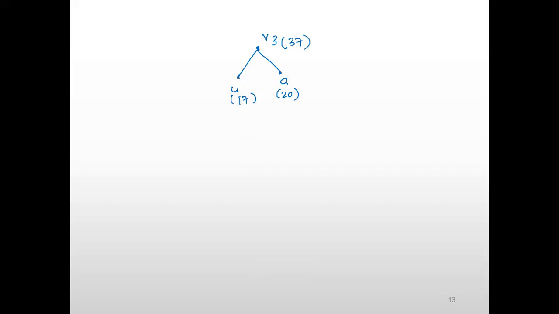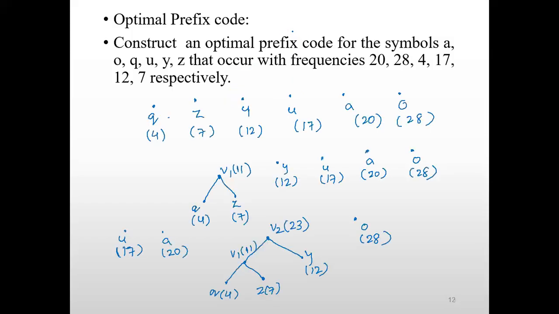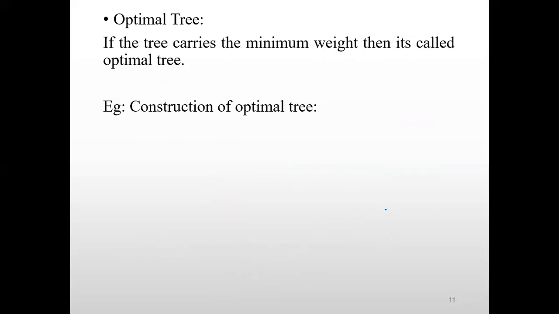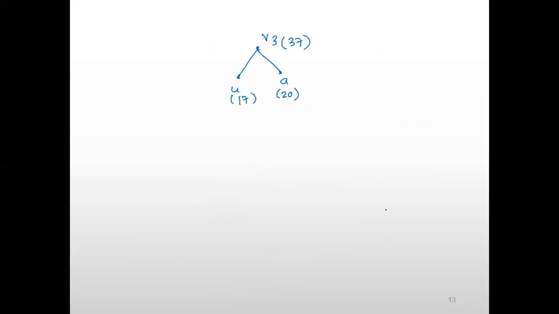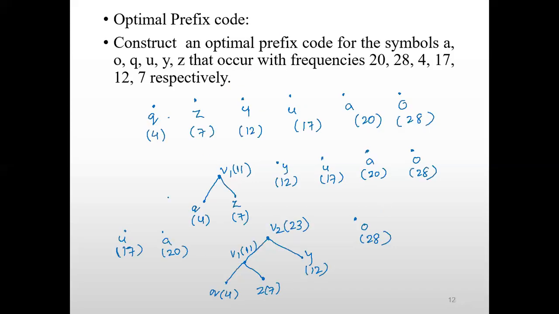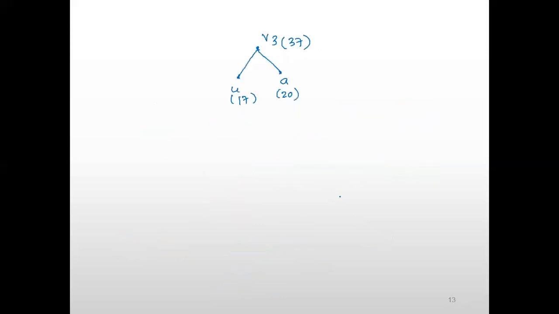And again we need to make an arrangement. Here we have added 17 and 20, and the remaining vertices V2 and O have weights 23 and 28. By adding 17 and 20 we get 37, whereas 23 and 28 are less than 37. Hence we are going to write here V2 with the weight 23.